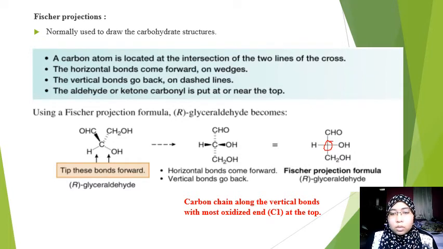The horizontal bonds come forward on wedges. The vertical bonds go back on dashed lines. The aldehyde or ketone carbon is put at or near the top.